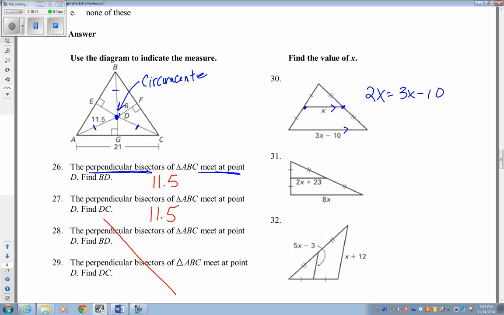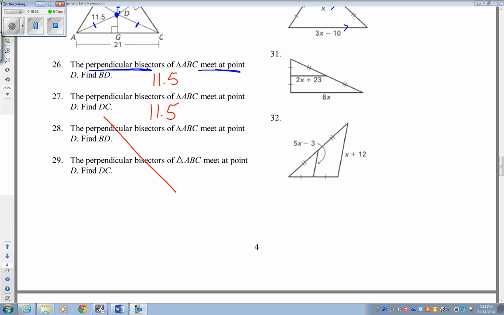The mid-segment is double the parallel side, or half the parallel side. Yeah, x equals 10.